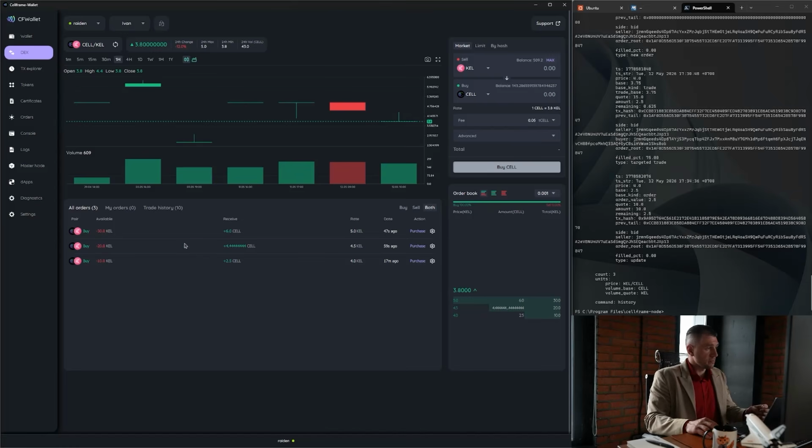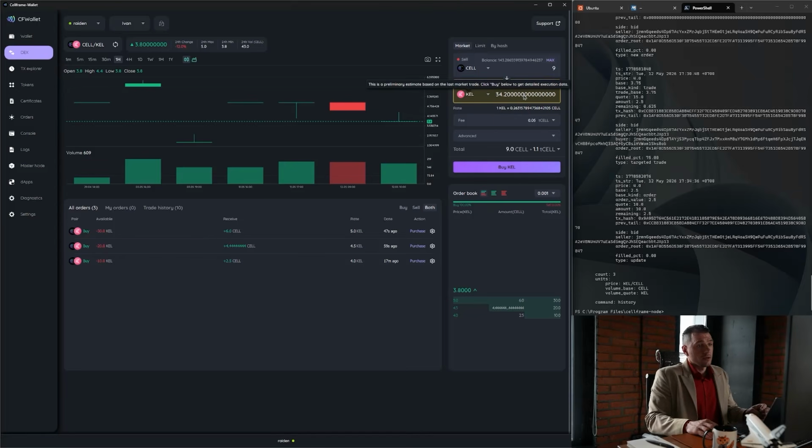So we have 3 bids here, and the best rate is the highest rate. So let Ivan buy some tokens on market, having his budget limited. Well, let it be 9 cells.